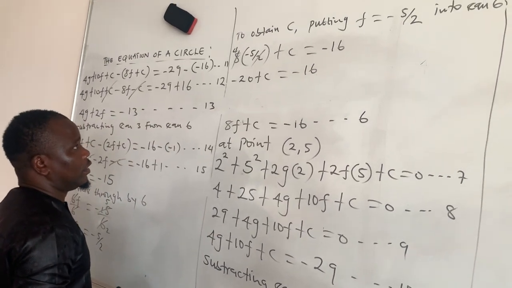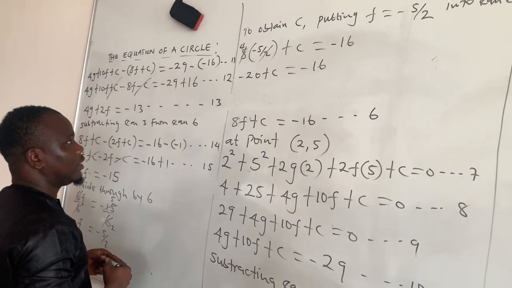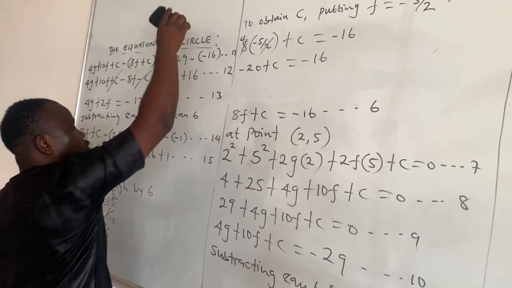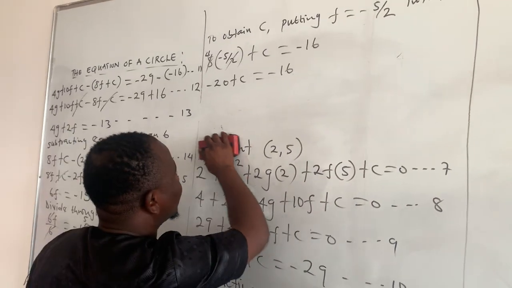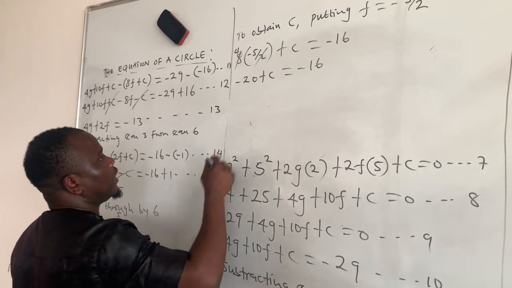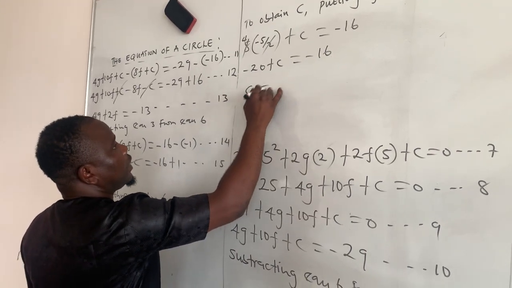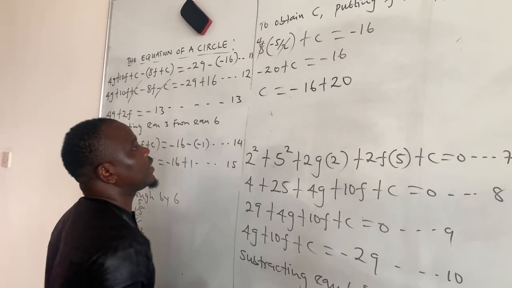At this point, we are going to add 20 on both sides. If we add 20 to both sides, the left hand side will be c equals to minus 16 plus 20.